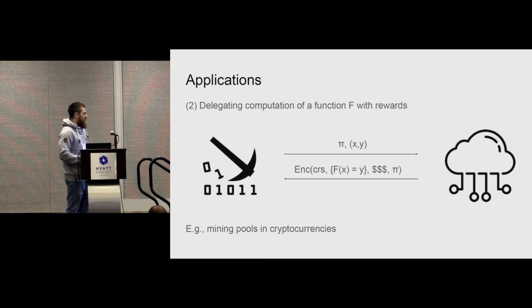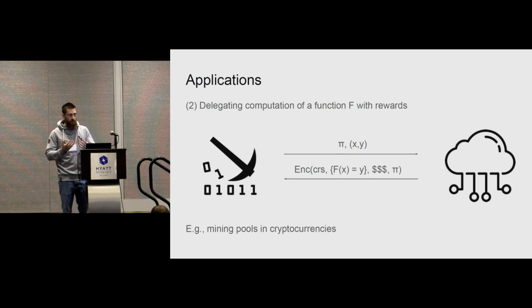Maybe it's a bit far-fetched, but there are certain occasions in cryptocurrencies where miners collect together and they want to show that they did some work. It doesn't really matter what work they did, but they receive a reward as long as they did some work. And this essentially gives you the best scheme in terms of all parameters, because the proof is small, it doesn't take too much time to verify, and you can give the reward to the miner.